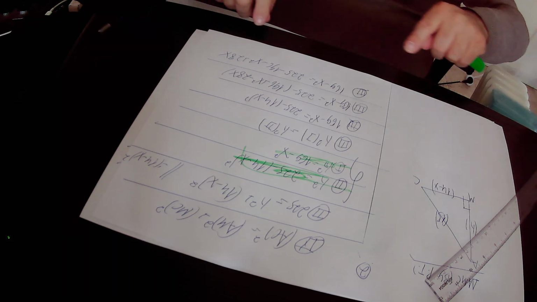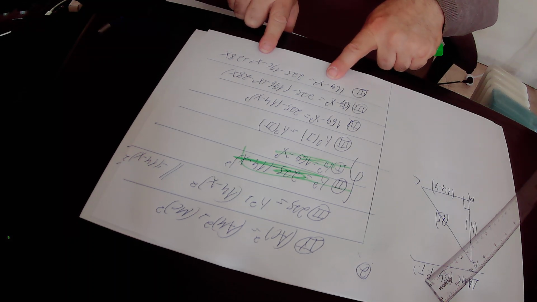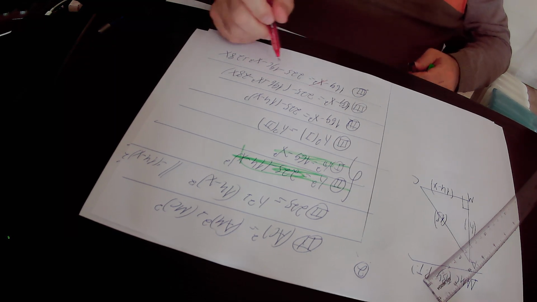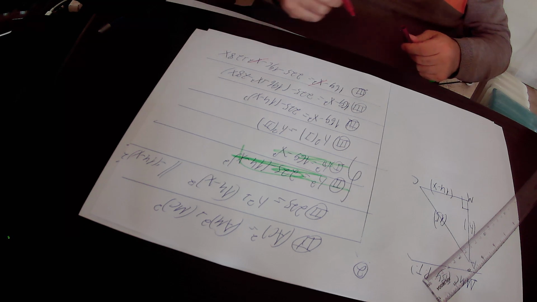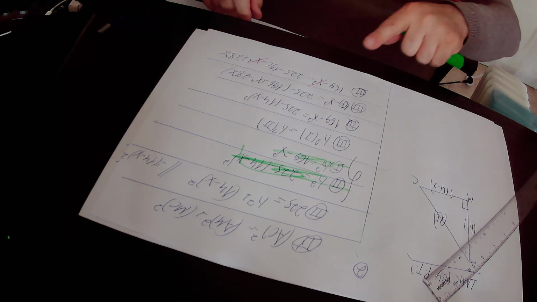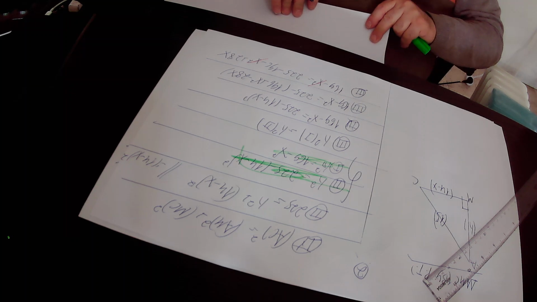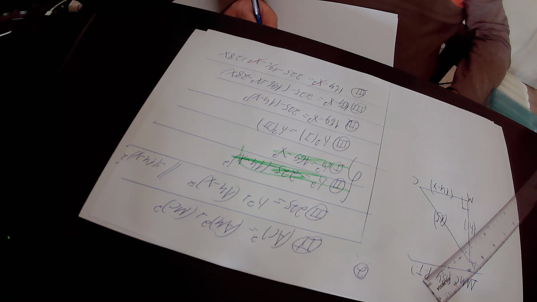Here we have minus x squared on both sides of the equation, so minus x squared will get cancelled. On this side of the equation, we are left with only 169 after we cancelled minus x squared.